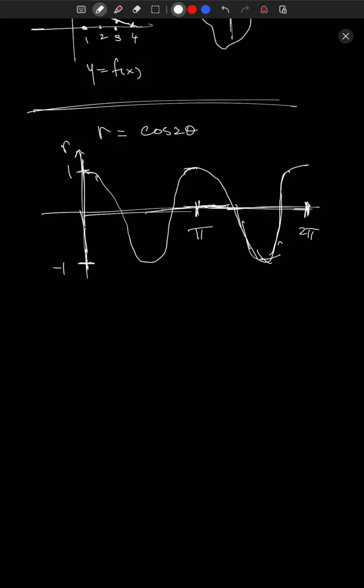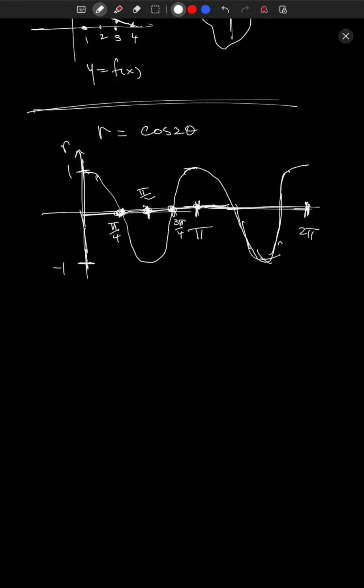All right. Okay, let me mark some of the interesting points. This one is pi over 2. This one is pi over 4. This one is 3 pi over 4, right? And maybe this is a little confusing. One way you can think of this is this first interval is pi over 4, then another pi over 4 gives me pi over 2, another pi over 4 gives me 3 pi over 4, another pi over 4 gives me pi.